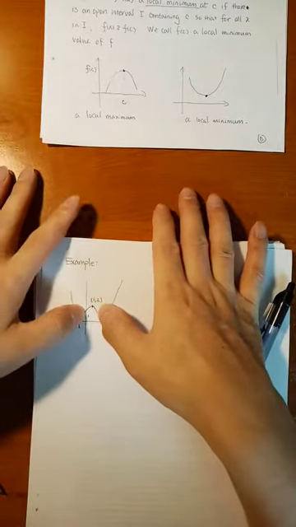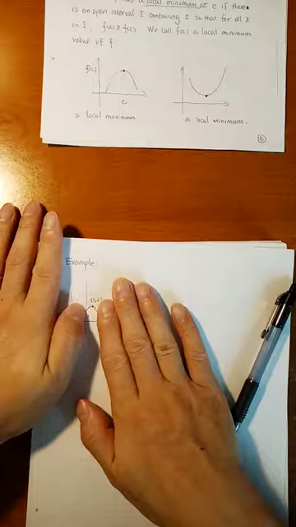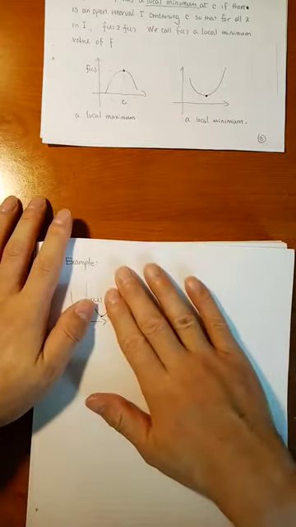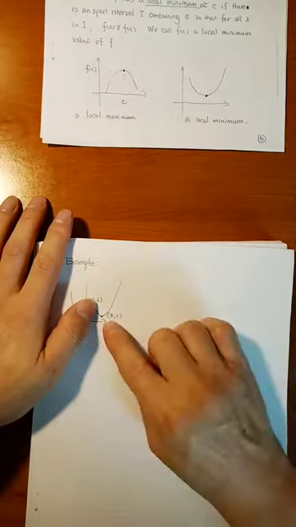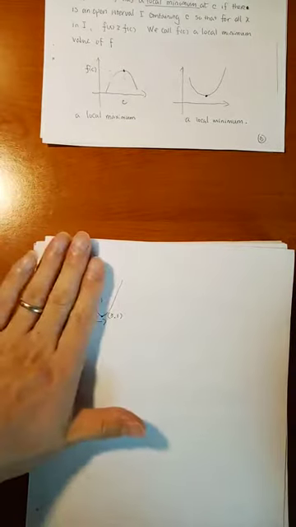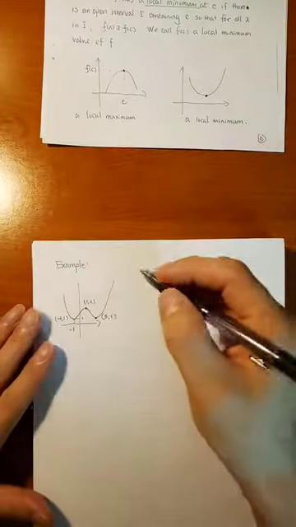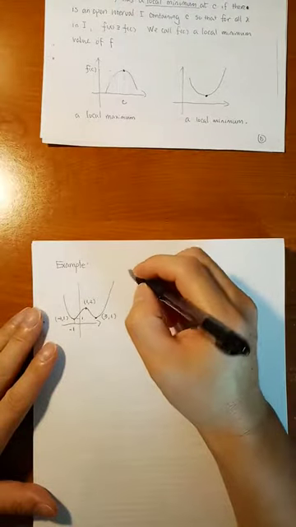If you look at this one, ignore the other parts, just look at this, you get the highest point. It is a local maximum. So when we talk about local stuff, we just focus on the neighborhood, in a small interval.